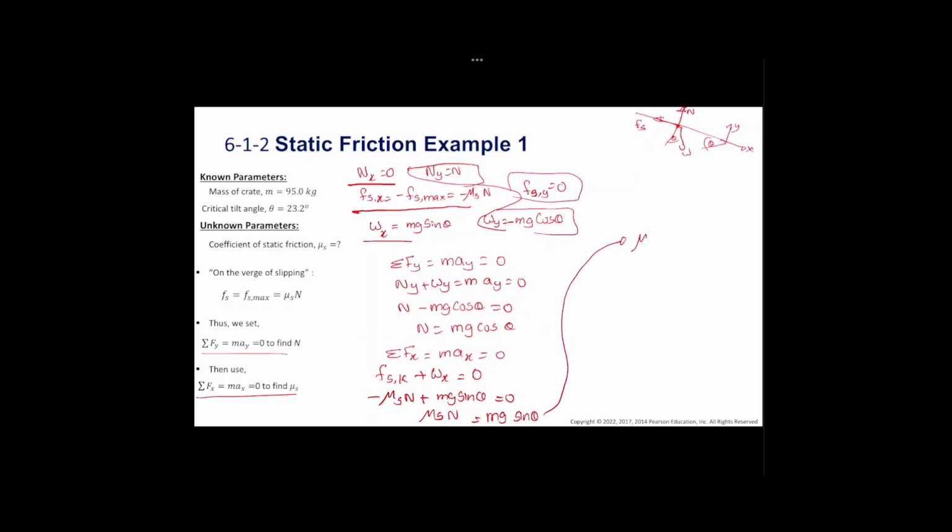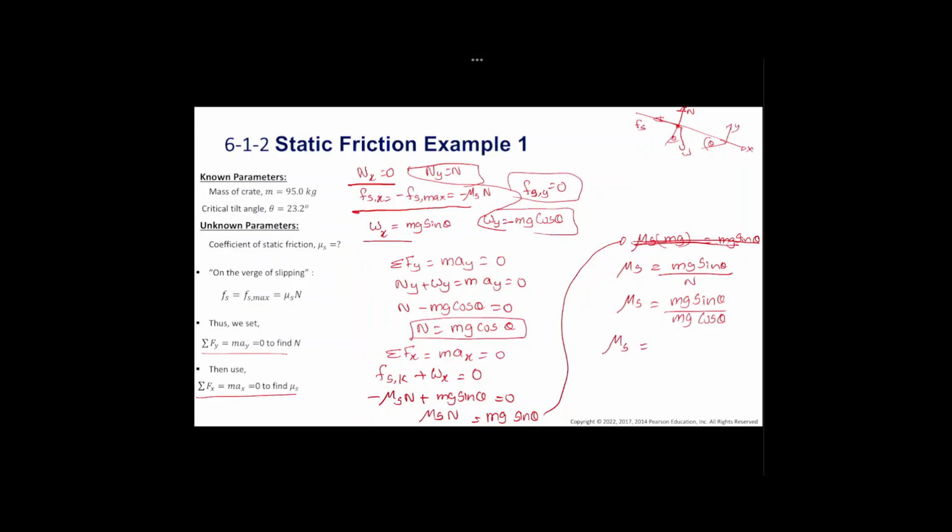Now, mu s n equals mg sin theta. Mu s is not mg, actually. We found that the normal force is mg cos theta. Therefore, mu s is mg sin theta over n, and n is equal to mg cos theta.